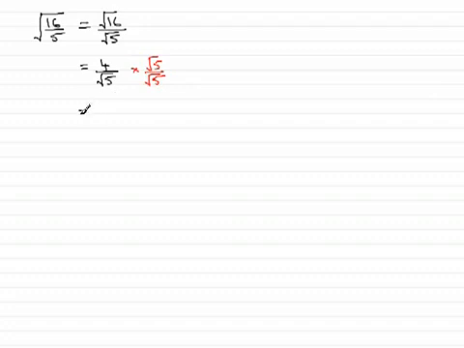If we carry on, what we have is 4 times root 5, which is just left as 4 root 5. But on the bottom we have root 5 times root 5, and we should know that that is root 5 squared, which is simply 5. So 4 root 5 over 5 is the value that is equivalent to 4 over root 5.